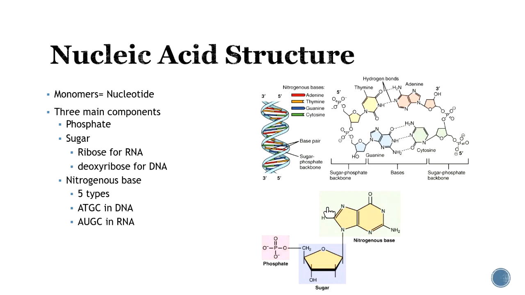Now this nitrogenous base is going to vary depending if you're DNA or RNA. So this is just kind of showing you some of the structure right here. But this is showing you each individual monomer that we have for the nucleic acid. And when we start to assemble them and form these chains is where we're going to get to this double helix, which is DNA.